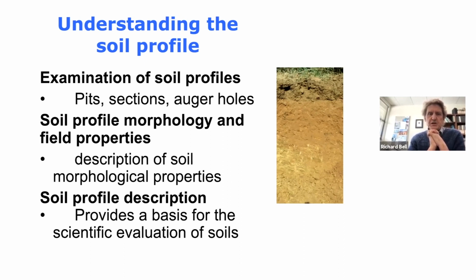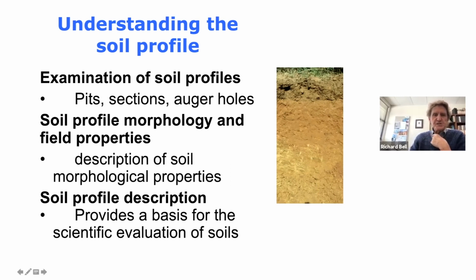so that we minimize the misunderstandings. So if I'm talking about a red soil, are you visualizing something that's red, or is my description not very accurate and it's really more of an orangey brown color, and we're not accurately communicating with one another?